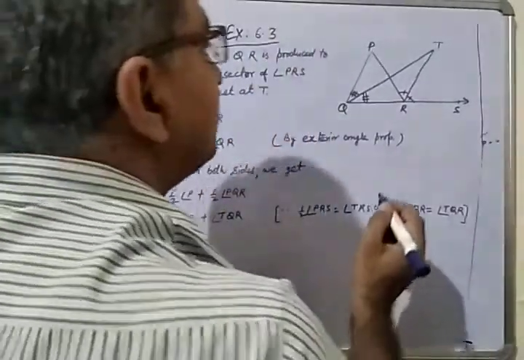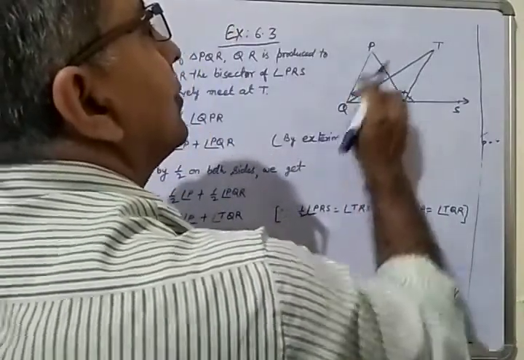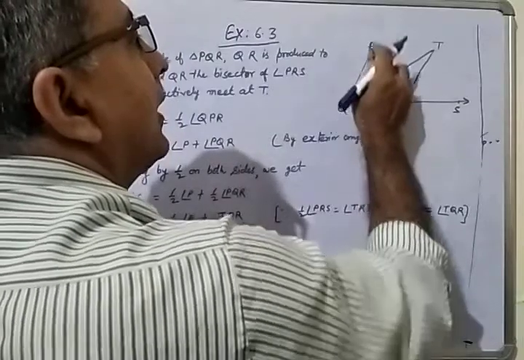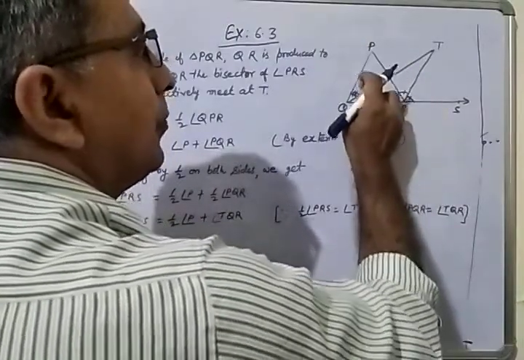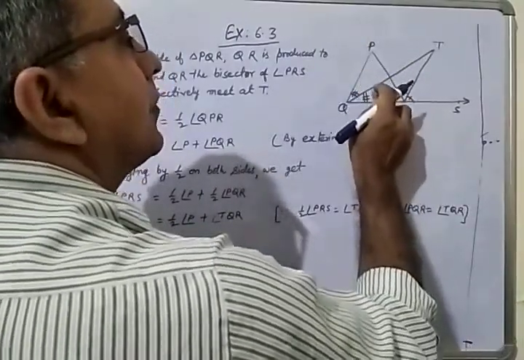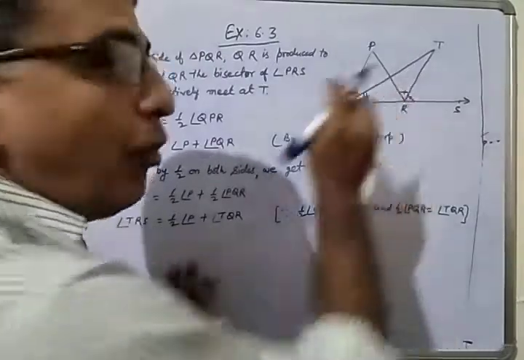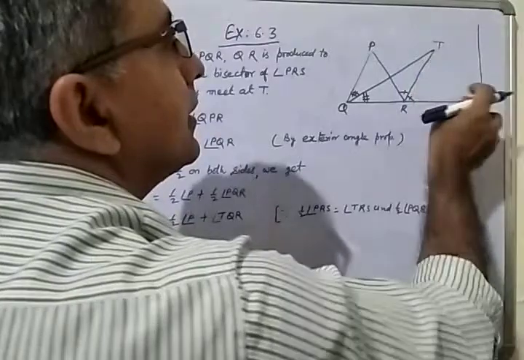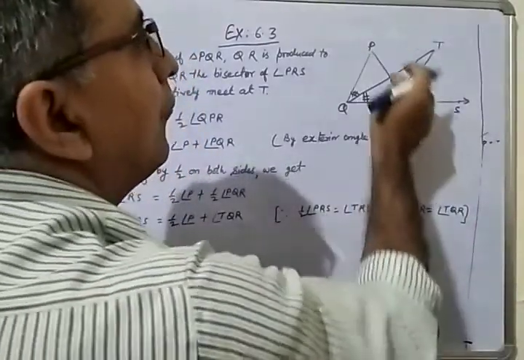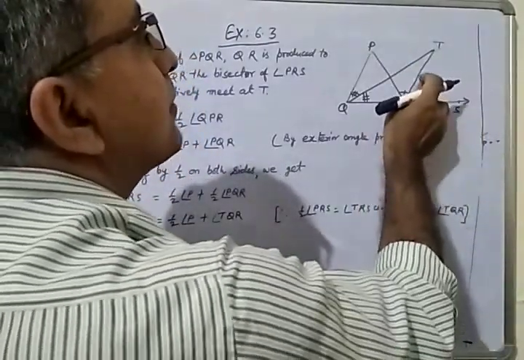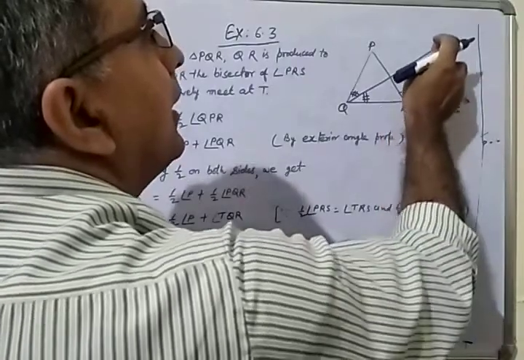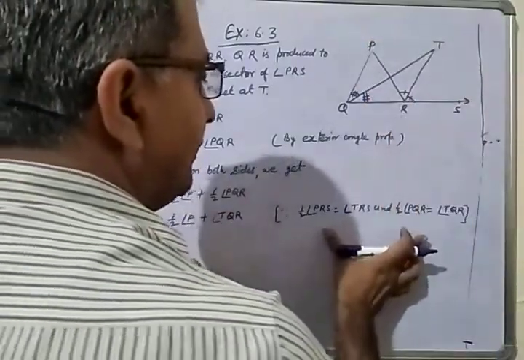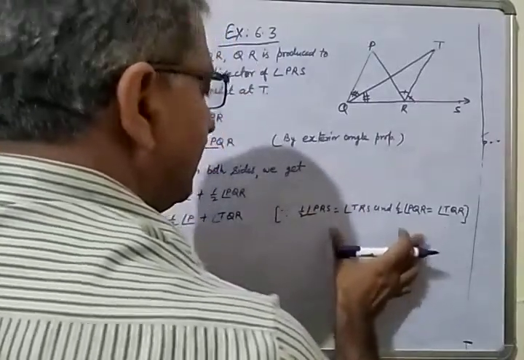We have given that QT is the bisector of angle PQR, so this will divide angle PQR into two equal parts. So each part will be half of the whole angle. See here also, RT is the bisector of angle PRS, so each part will be equal and half of the whole angle PRS.